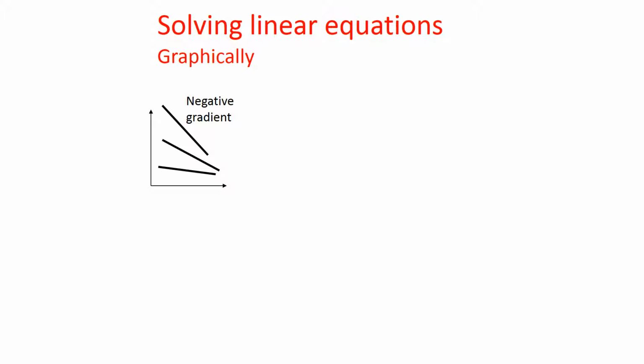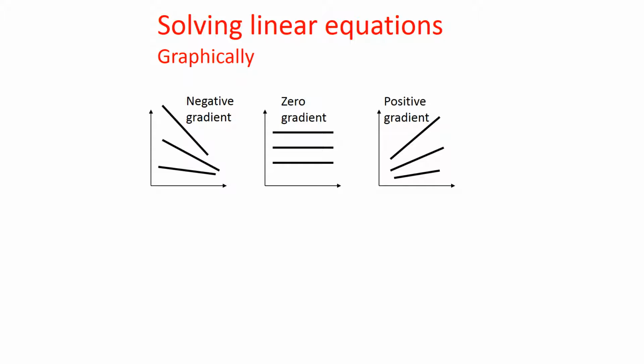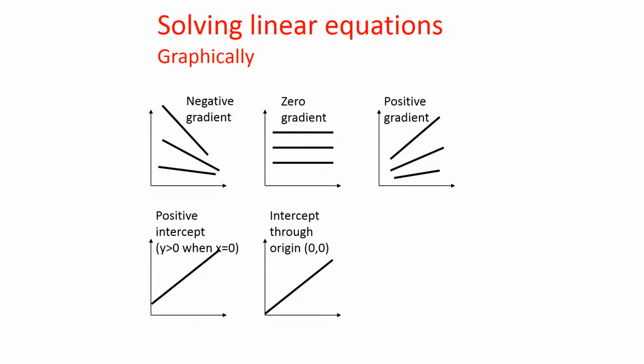If it's horizontal, it's 0. And if it's sloping up, that number is going to be positive. Likewise with the intercept, if it's hitting the y-axis above the origin, that's b, it's going to be positive. It's going to be 0 if it goes through the origin, and negative if we hit down below.